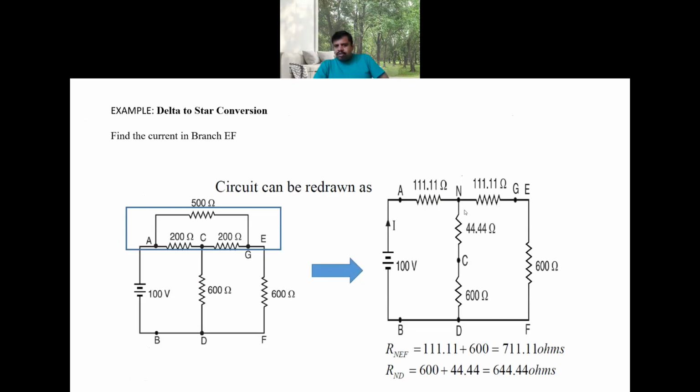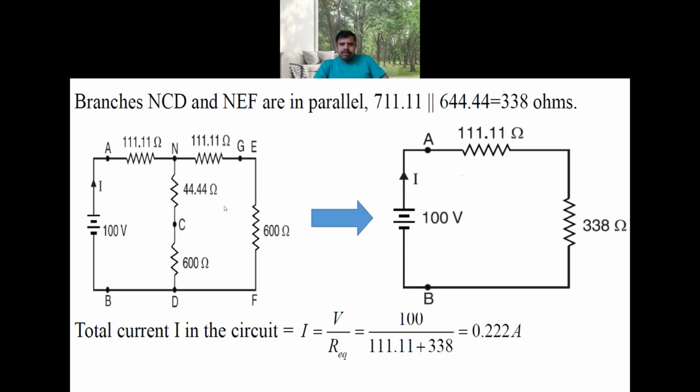The resistance between N and D will simply be the combination of these two, 44.44 plus 600. Similarly, the resistance between N and F will be the equivalent of N to G and A to F. Clear?